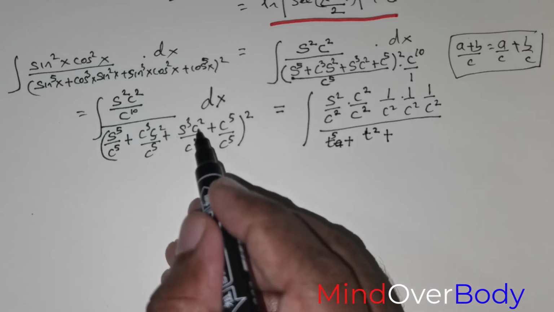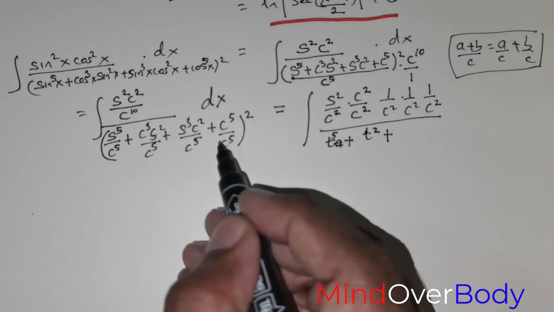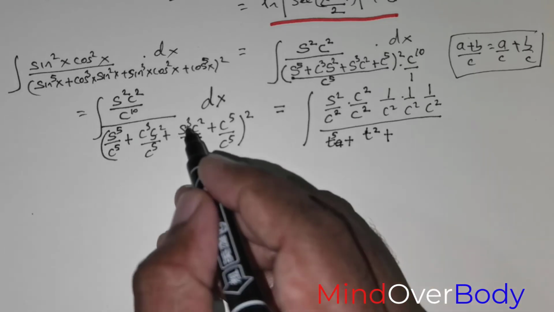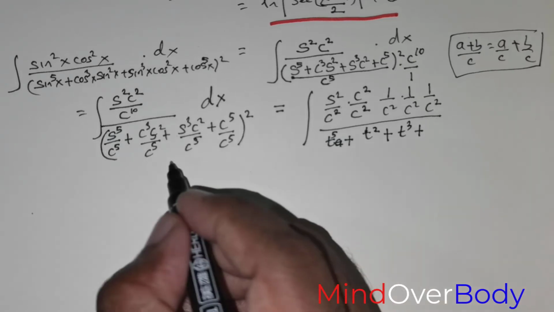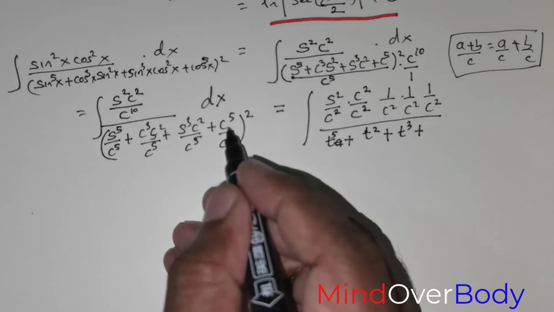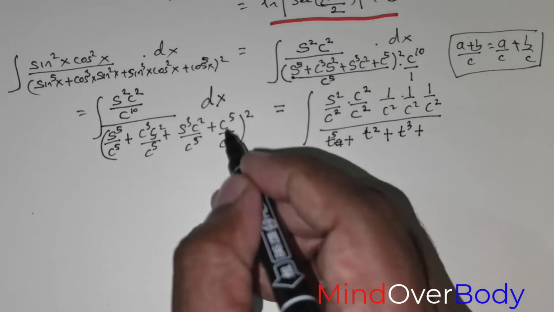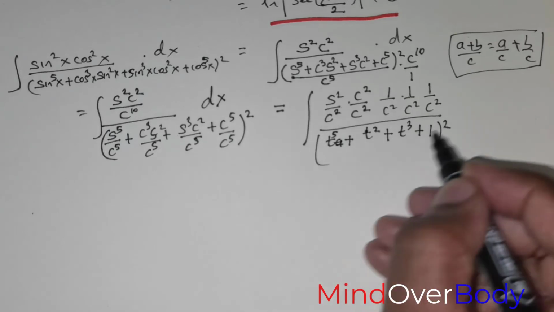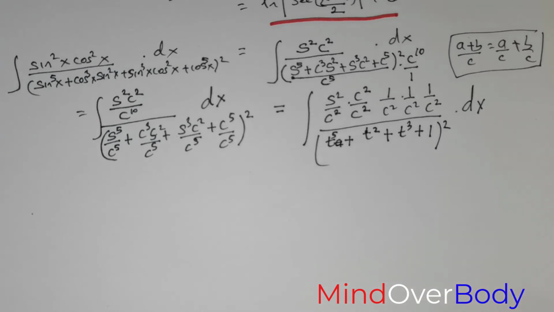Now this is c squared and you got c raised to the power of 5, so that would mean I get a c cubed here and s cubed over c cubed, that will be t cubed positive. This is going to be c raised to the power of 5 over c raised to the power of 5, both would get cancelled giving me 1, and that has to be raised to the power of 2, and we got the differential operator dx, right?